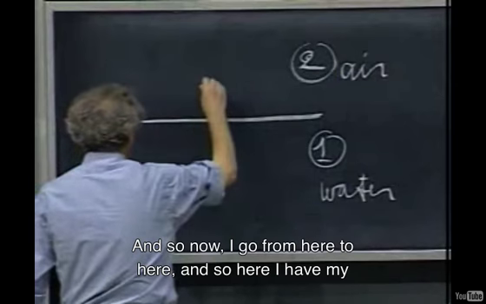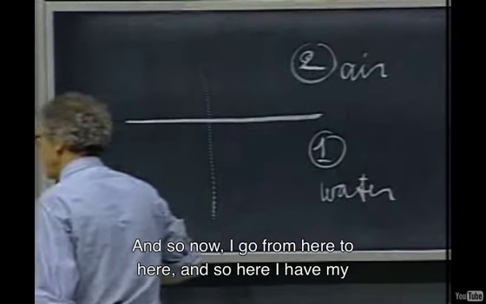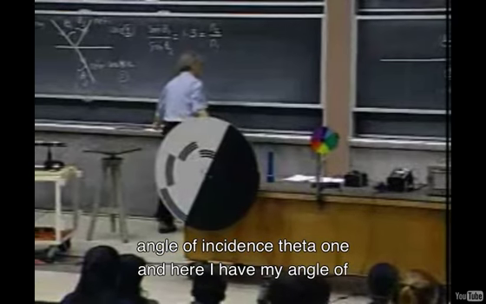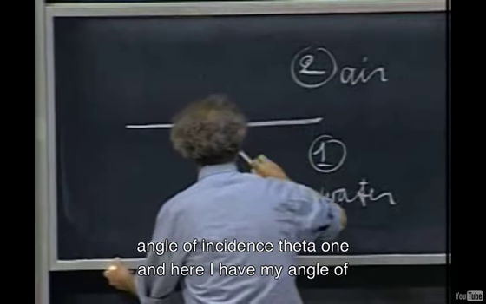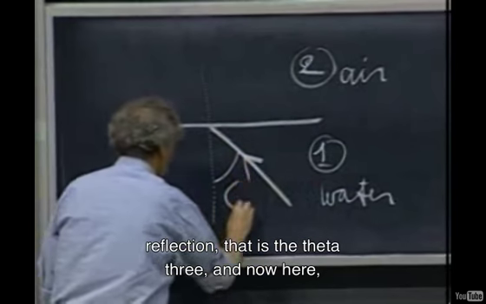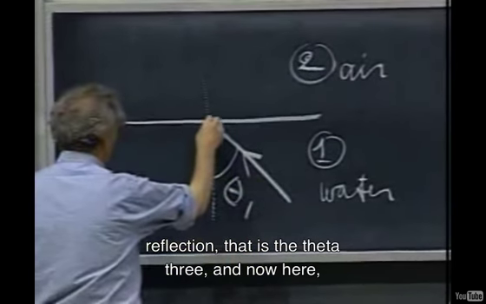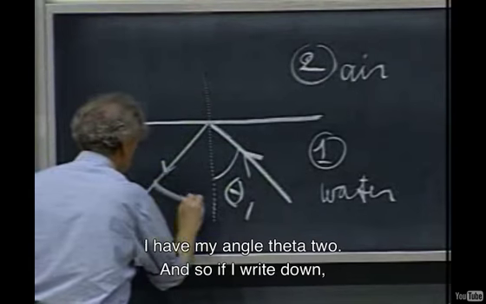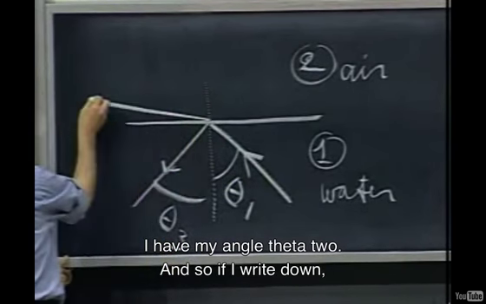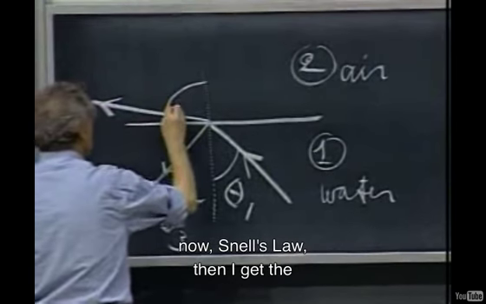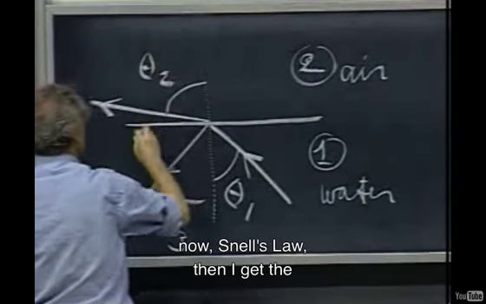And so now I go from here to here, and so here I have my angle of incidence, theta 1, and here I have my angle of reflection, that is this theta 3, and now here I have my angle theta 2.